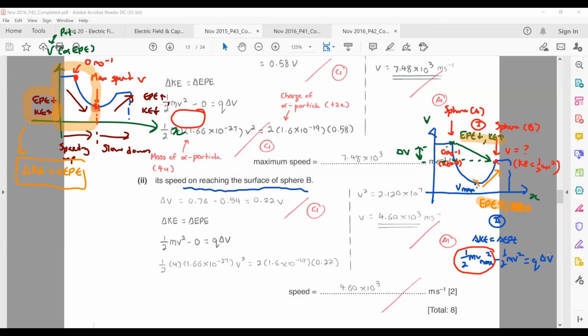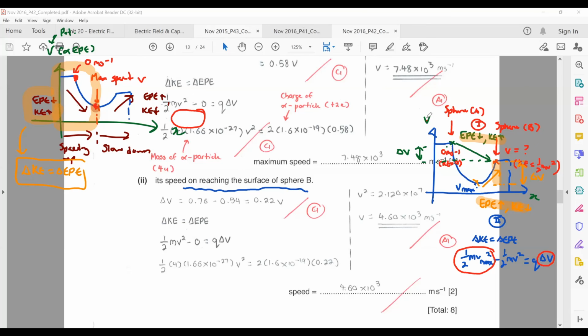Alright, and then another thing here will be on your delta V. Your delta V, if you're using the method 2 here, will actually be this one. This one would actually be your delta V. It is here.